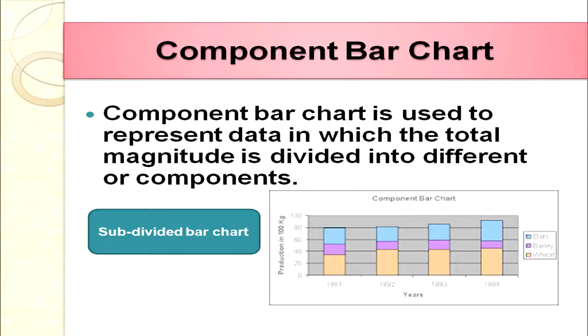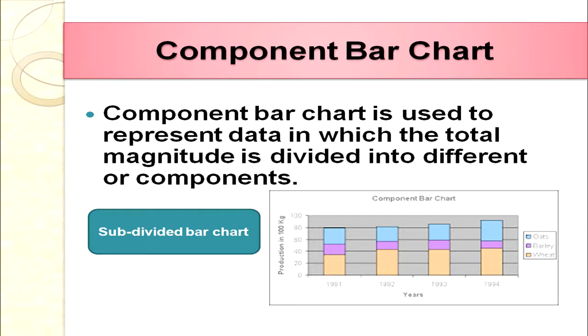Now let's discuss component bar chart. Very important. How will I come to know that I have to make a component bar chart or a multiple bar chart? Why I am saying this? Because in component bar chart also two data or more than two data is given to us.